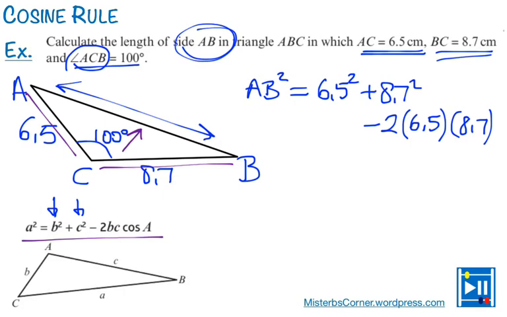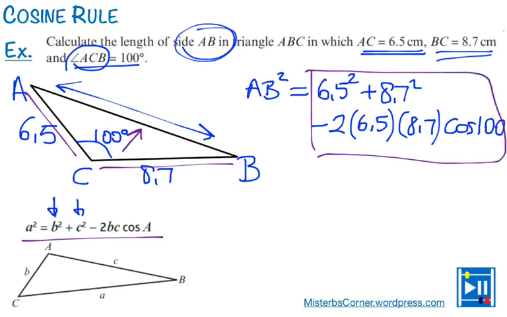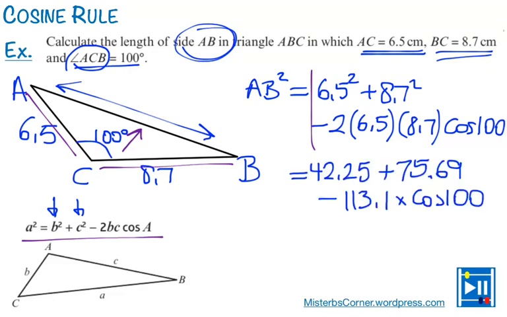Well, this is not gonna fit in here obviously, and cosine 100. Right, so this is what I'll be calculating. Now just because I have the full sentence with no unknowns here, I can write everything on the calculator, right? But my suggestion is to go bit by bit, so you calculate the squares separately, and then you calculate this bit separately.